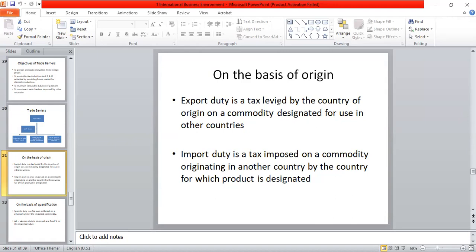Vice versa, when an Indian company is importing some material from outside the country and the government wants to control that activity, naturally the government increases the import duty on the raw material.